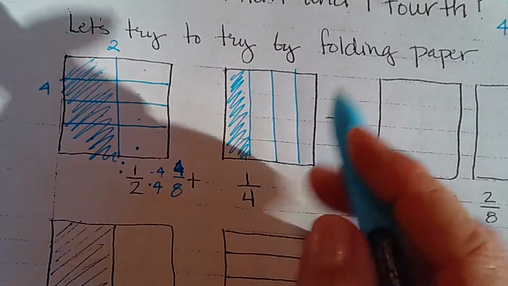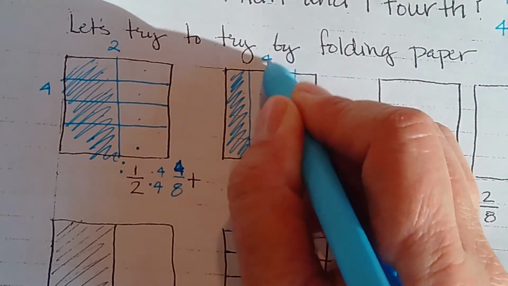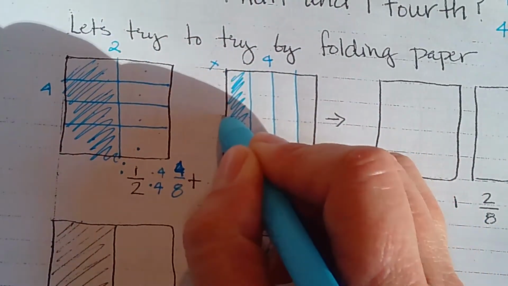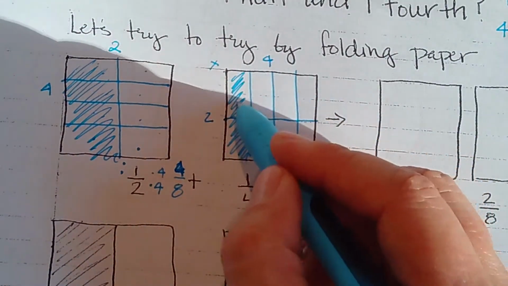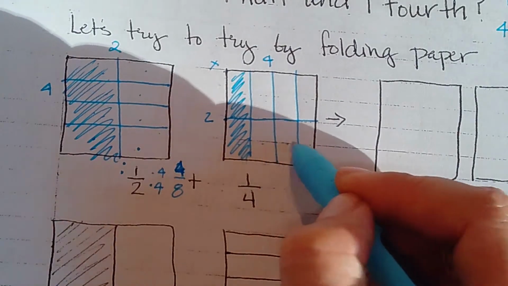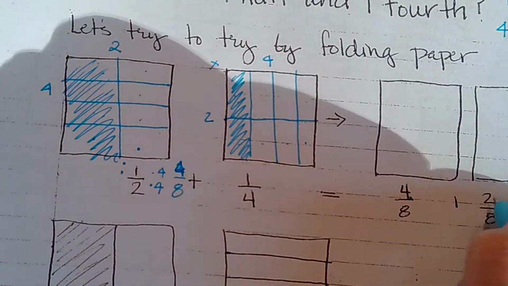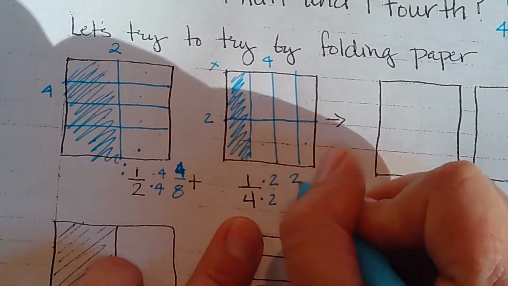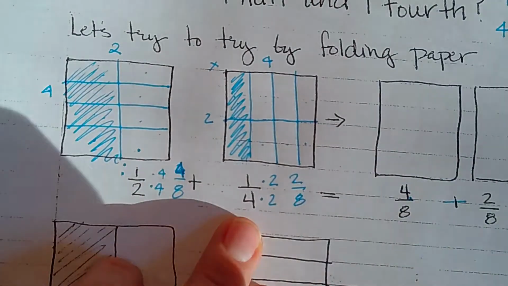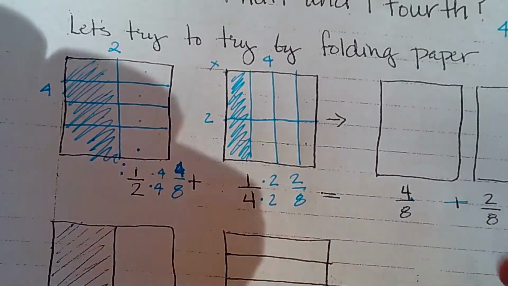Now here, what if I have 4 here and I divide it into 2? Now I have 1, 2, 3, 4, 5, 6, 7, 8. Now I have 2 out of 8, right? So now we multiply this by 2, we get 2/8.